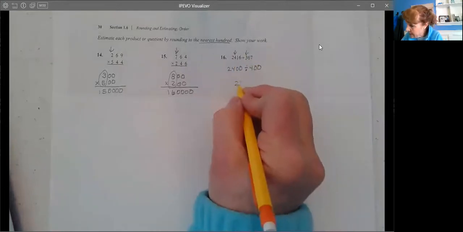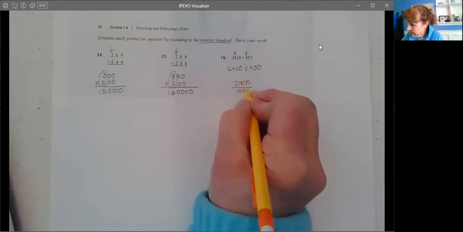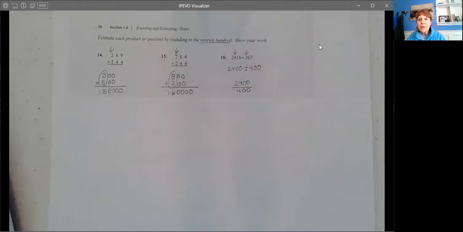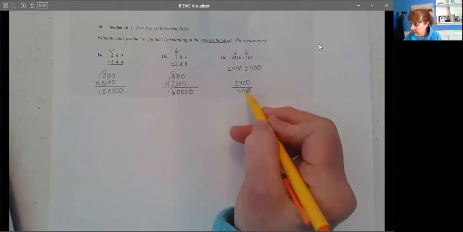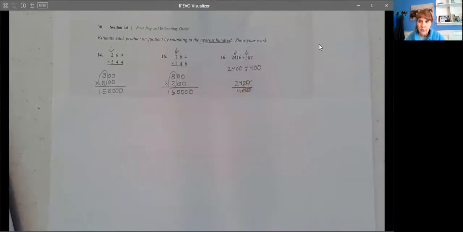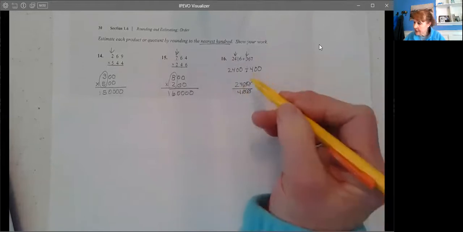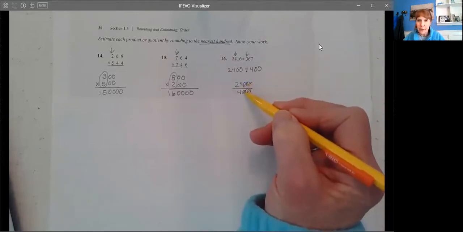Let's see if we can come up with some easy ways to do this. What you can do is cross these off here. We'll be looking at this idea further when we start reducing fractions. But this 0 can cancel with this 0, can cancel with this 0.